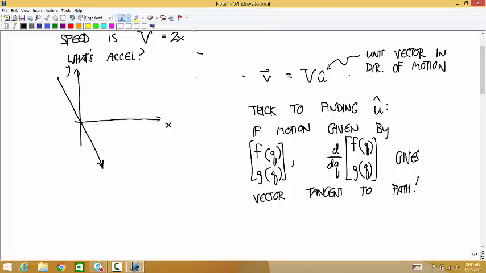So that's the key. And this isn't a unit vector yet, but at least then we're on our way.